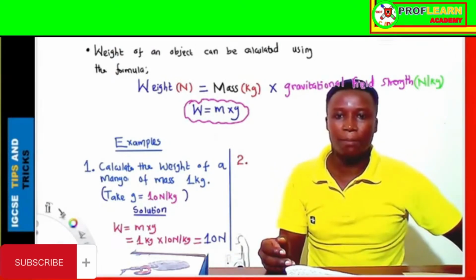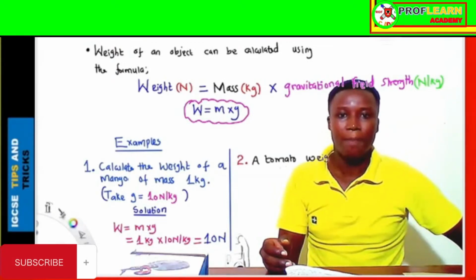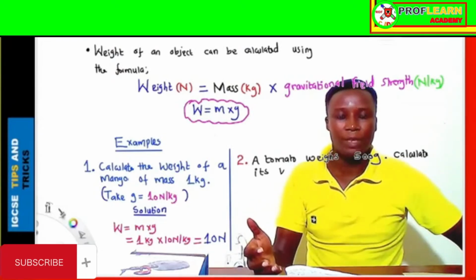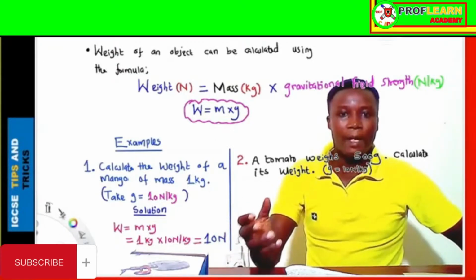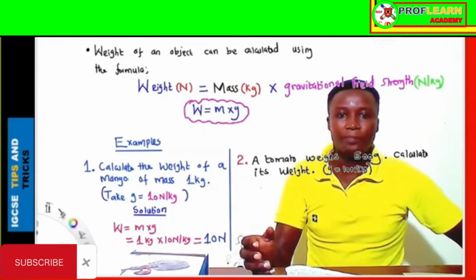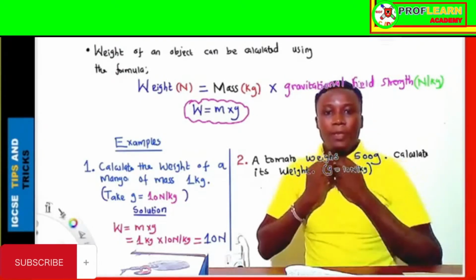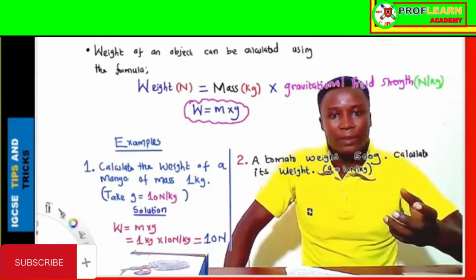In the second example, we are given a tomato, and this tomato has a mass of 500 grams, and we're supposed to calculate the weight of this tomato. We did mention that if you are given mass in grams, you have to convert that mass to kilograms first.